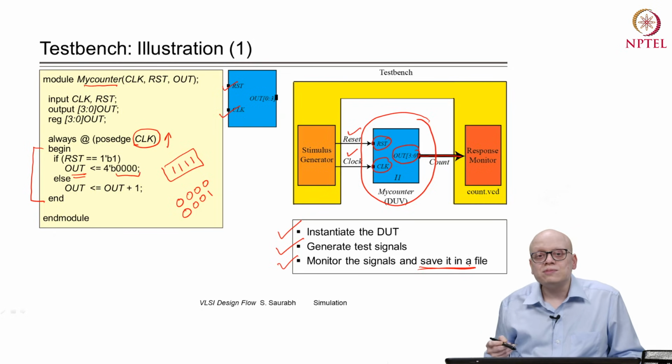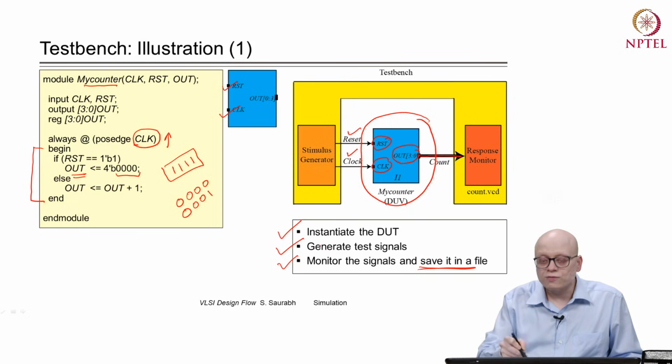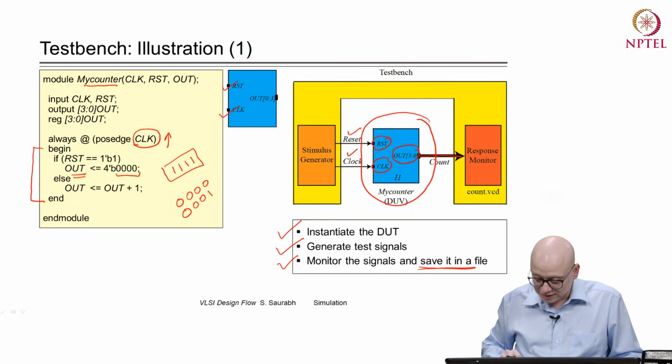Now, these are the steps which need to be carried out inside our test bench, and we will be using Verilog constructs to perform these 3 tasks that we have listed here.